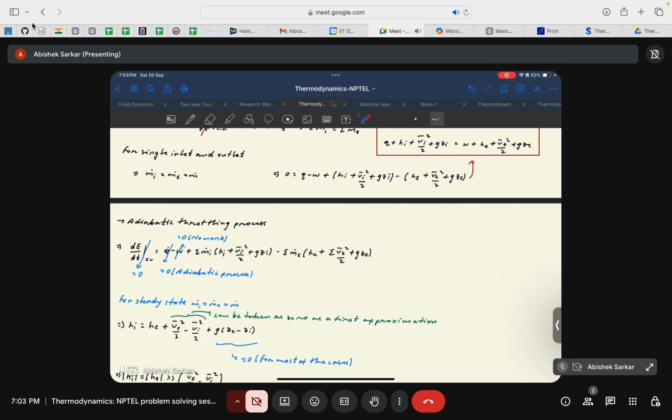A better practice would be to start with the complete steady flow energy equation, or SFEE, then cancel out the terms that are not relevant for the particular problem, and then deal with the final terms that you are left with. If you are able to perfectly replicate the specific scenarios that we have discussed in the class, that is very good.